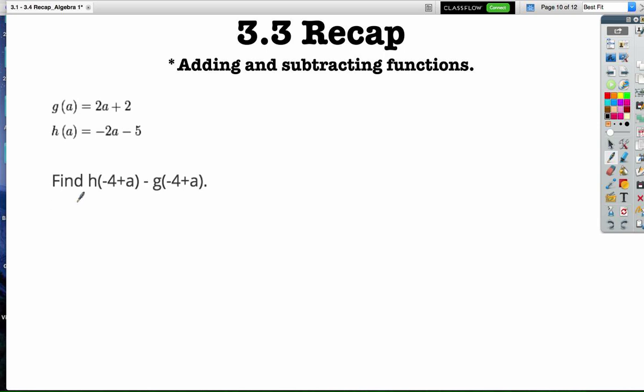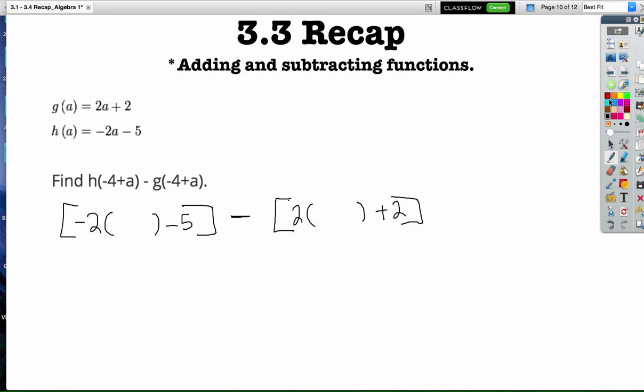So I'm going to set up the h of a first, which was -2a minus 5. I'm going to be subtracting g of a, which was 2 times a plus 2. And where the a's originally were, I'm going to be replacing them with what they have in the parentheses, which is a -4 plus a.